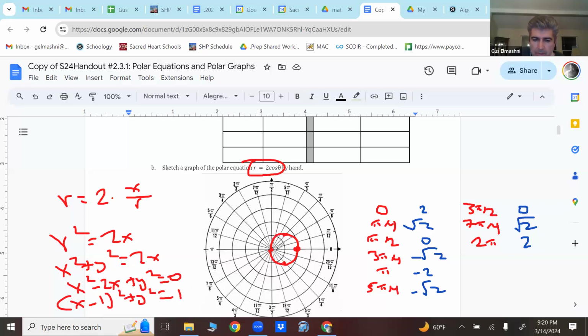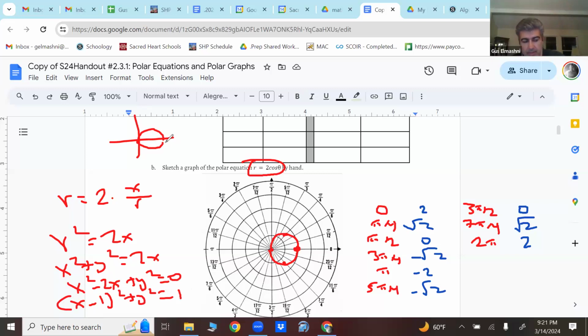So 1 comma 0 is your center and the radius is 1, which would look like this. If you were to convert it to rectangular coordinates and graph on an xy coordinate plane, that's what you get.